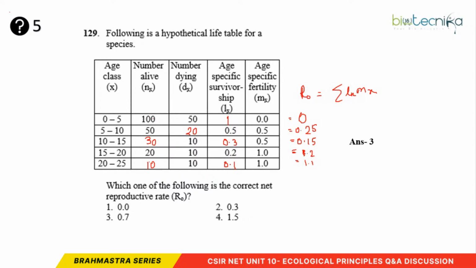Oh no. See, I'm making such mistakes. This is 1, right? There is no 0.1. I'm not adding it up. So it's 0.2 and this is your 0.1. 1 into 0.1. Okay. So 0.1 plus 0.15 plus 0.25.